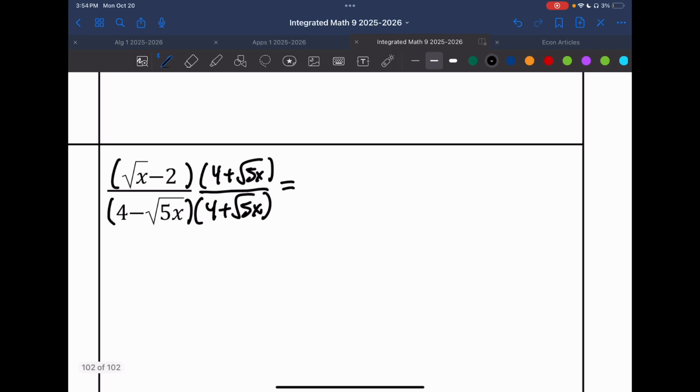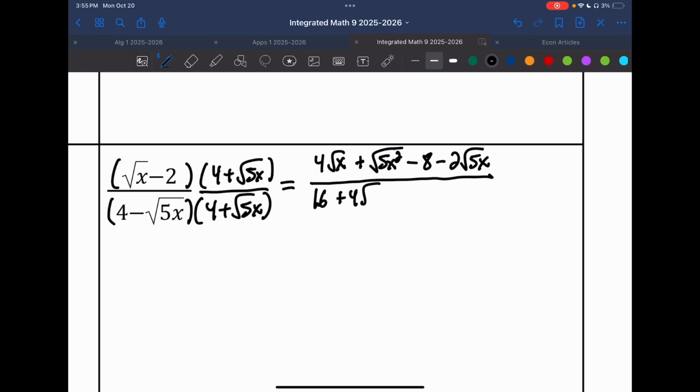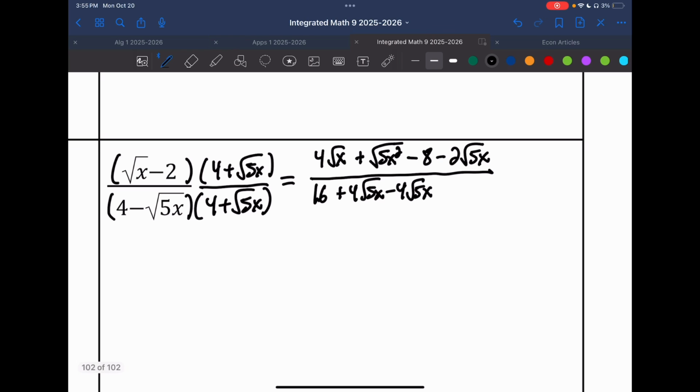And so in the numerator, we're going to have 4 root x plus the square root of 5x squared, minus 8 minus 2 root 5x, over 16, plus 4 root 5x minus 4 root 5x, and then minus just 5x, right?